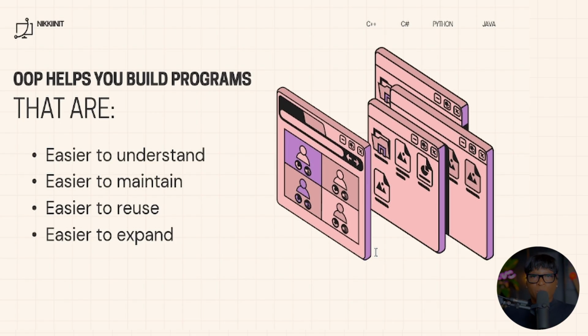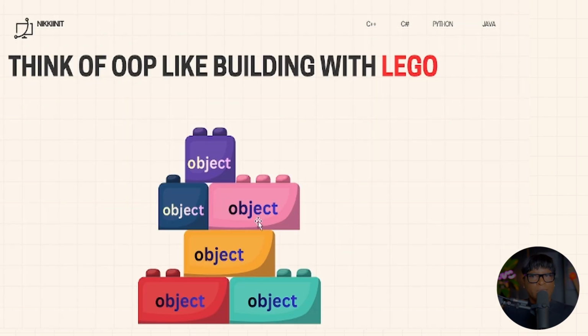OOP helps with maintenance. When you are maintaining programs that are created in an object-oriented style, it's easy to go in there and maintain whatever pieces you need to maintain, instead of maintaining the whole program or a long list of code. Okay, so if we go back to the previous diagram, let's say something is wrong with the pink object and it's affecting the other pieces around it, right?